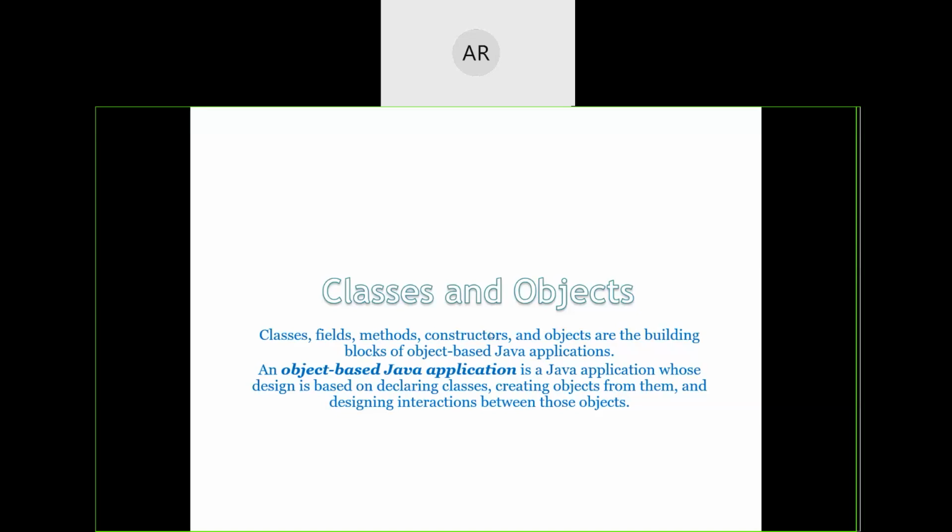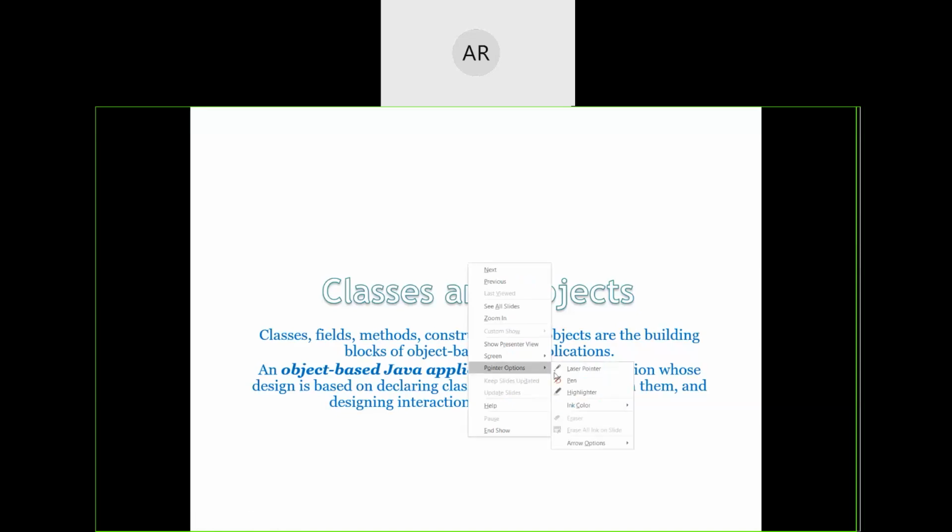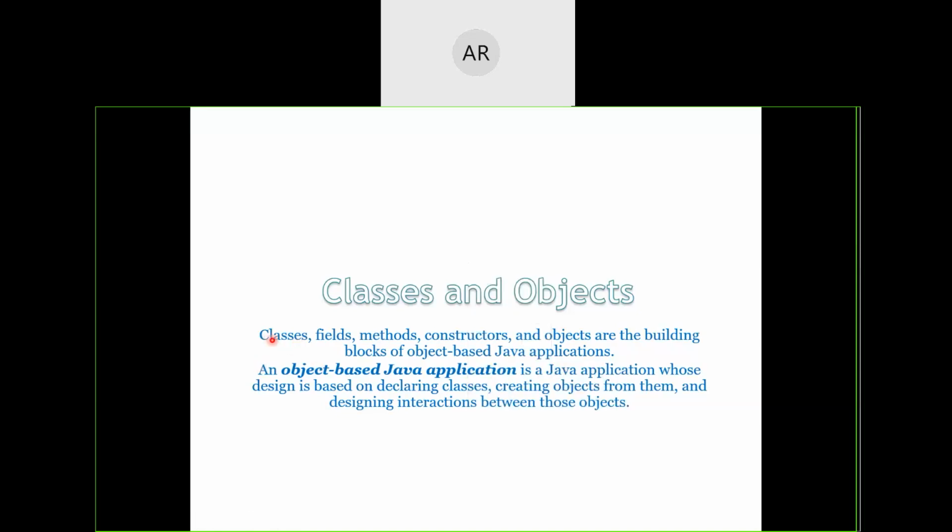So, in this particular topic that we are going to continue further in our class, we are going to discuss what are classes, what are those member variables, also called fields, and what are those member functions or tasks that are performed by the objects. How do we allocate memory using constructors to those objects, and how do we initialize them to some default value?